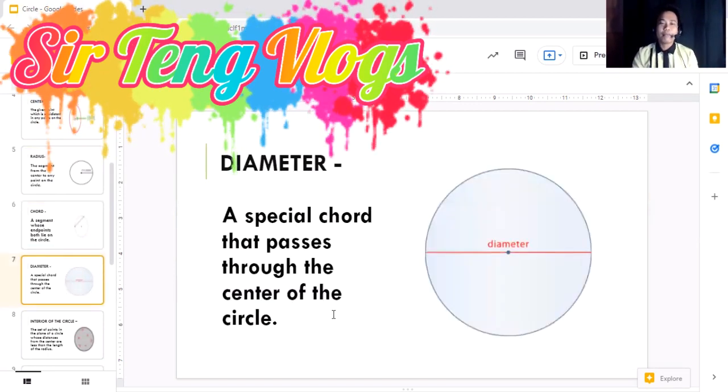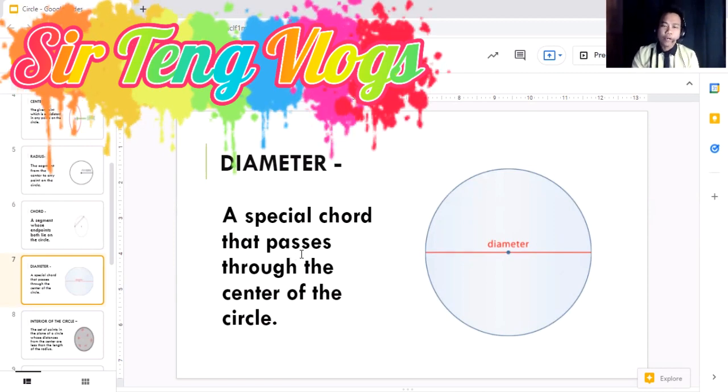Next is the diameter. A diameter is a special chord that passes through the center of the circle. Meaning to say, the diameter is also a chord. The diameter is twice the radius, because the radius is half the diameter.